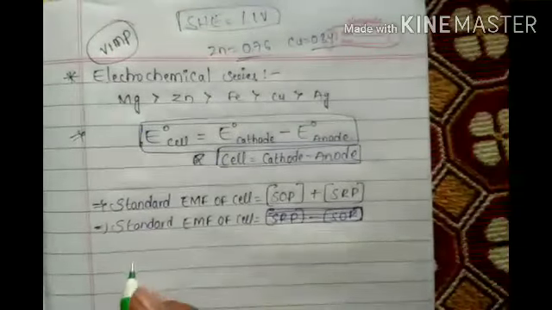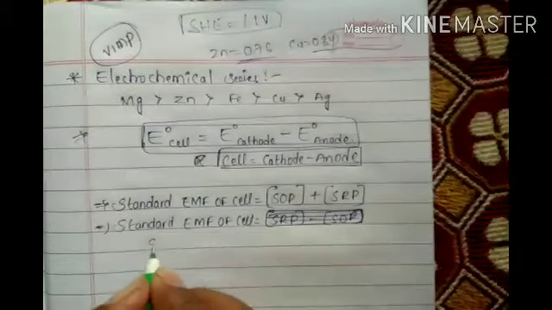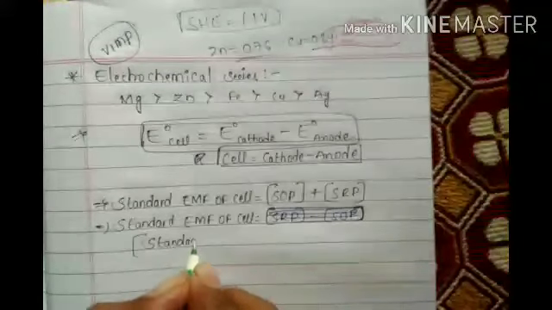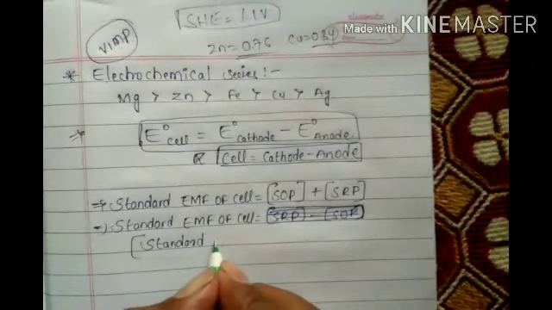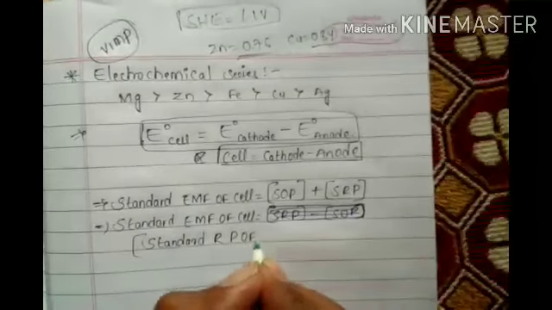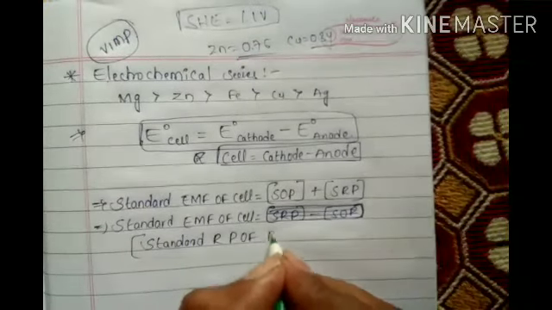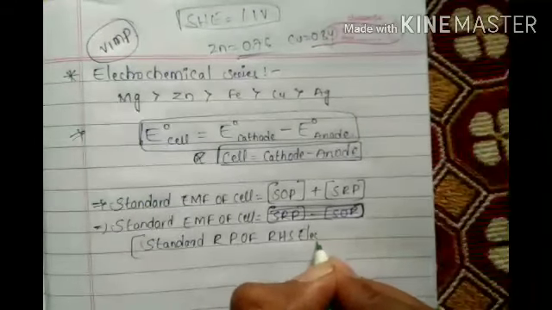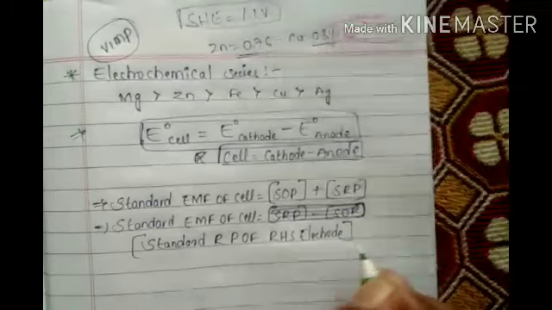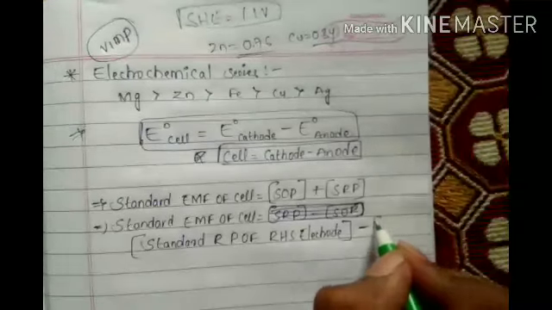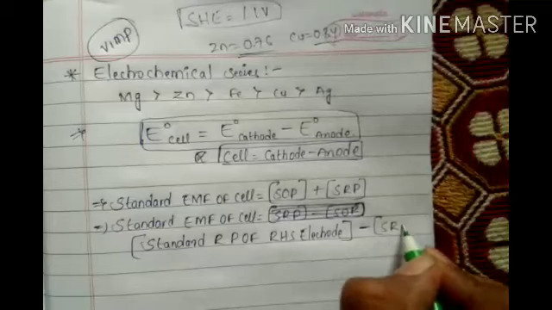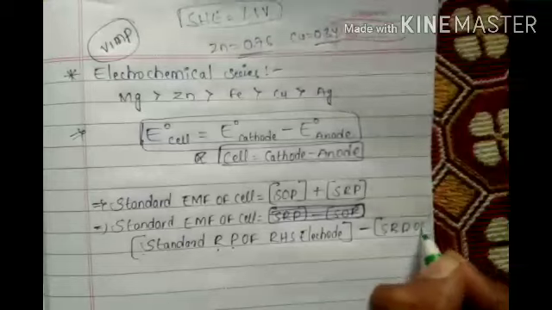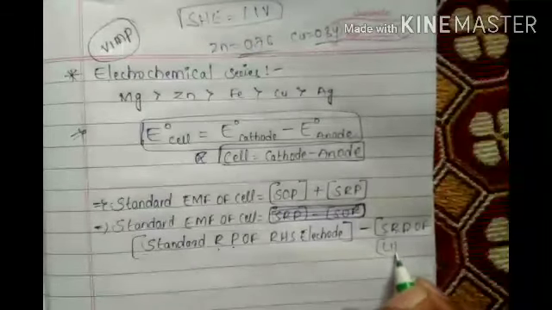EMF of cell, open the bracket, standard reduction potential of right hand side electrode minus standard reduction potential of left hand side electrode.